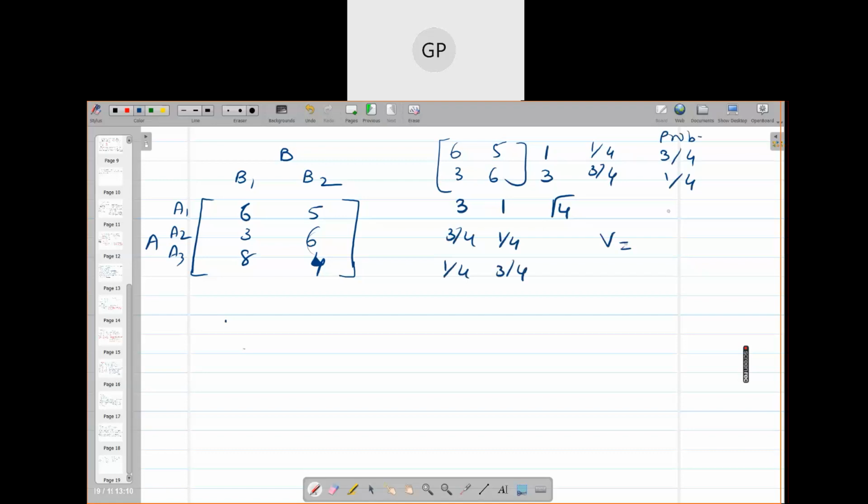So what is the value of the game? 6 into 3 by 4 plus 3 into 1 by 4. That is 21 by 4, sorry, 27 by 4? Yes, 25... 5.25. Now subgame 2.